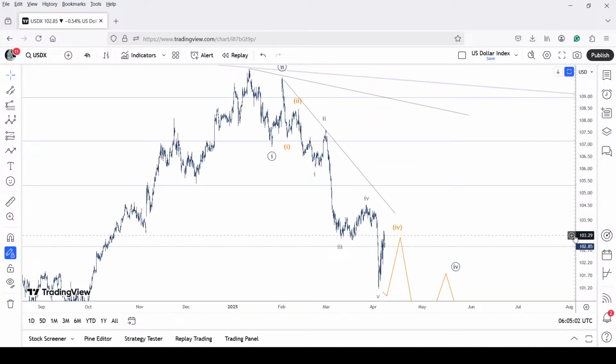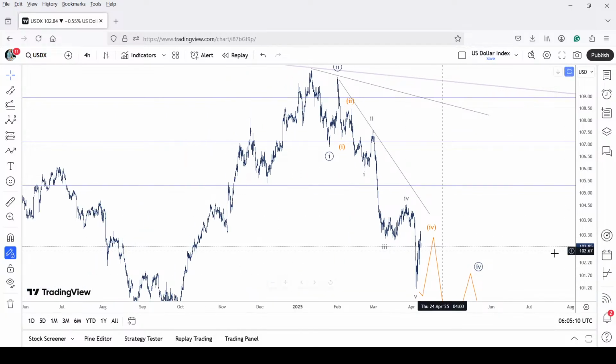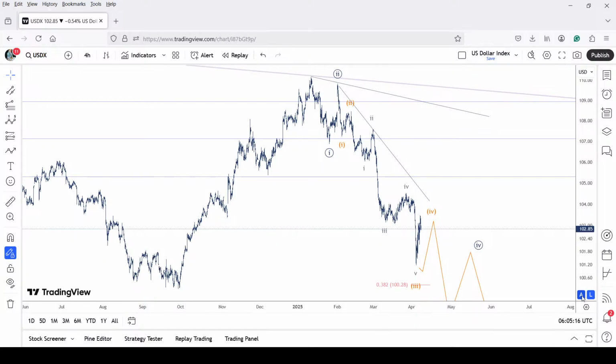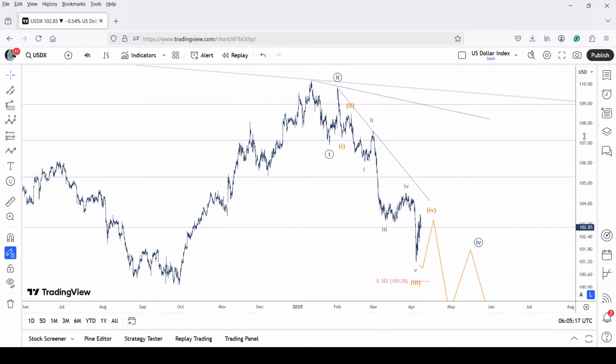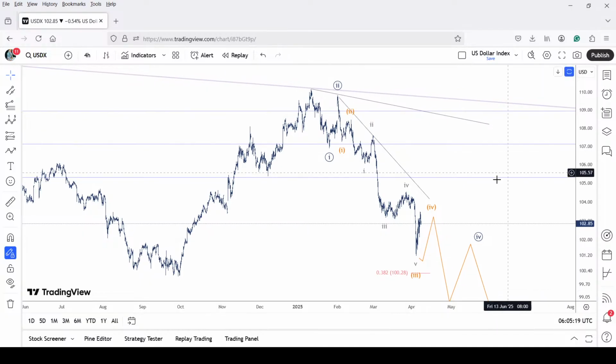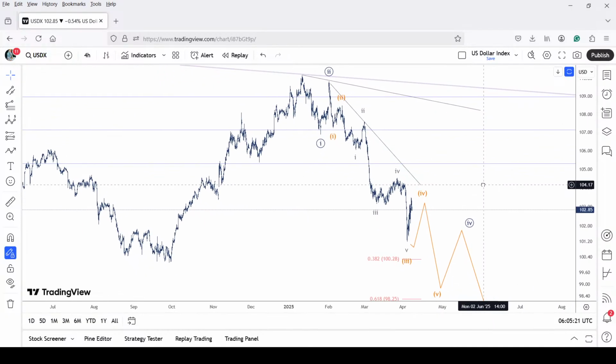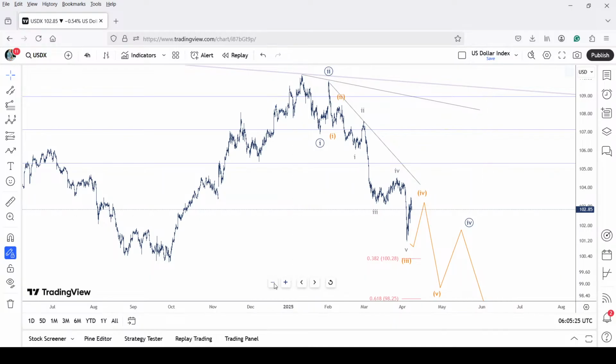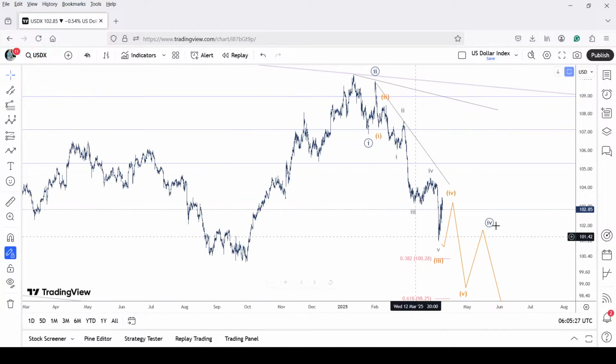Okay, so that's the 4 hour chart for dollar index up on your screens now. In the last session, we already adjusted the wave counts in the US dollar as prices rallied all the way towards 103 and more than that actually.